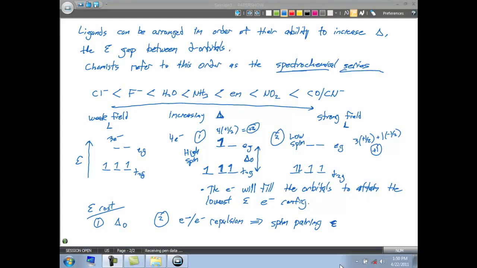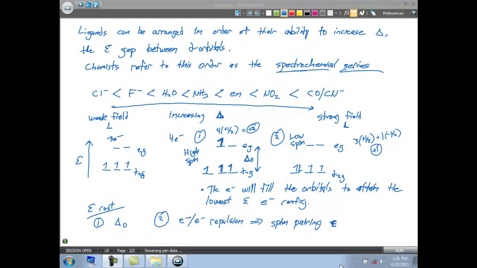When we talk about spin moments of electrons, this is where the magnetism part comes into play. In case number 1, we have 4 unpaired electrons, and in case number 2, we only have 2 unpaired electrons. So their behavior when they're introduced to a magnetic field is going to be slightly different.